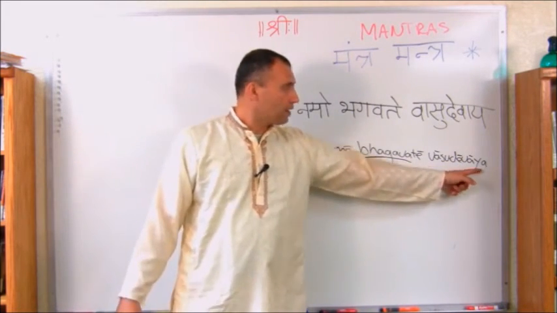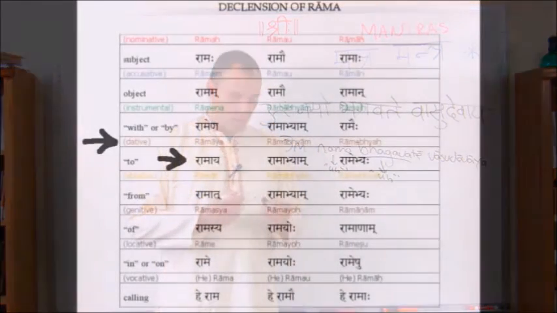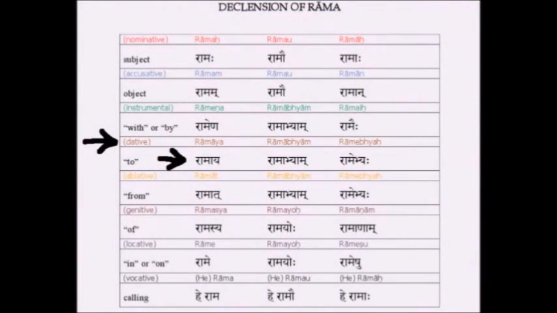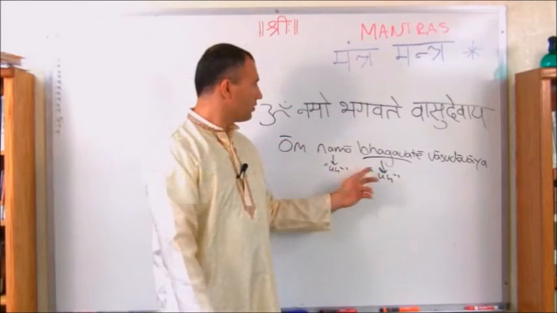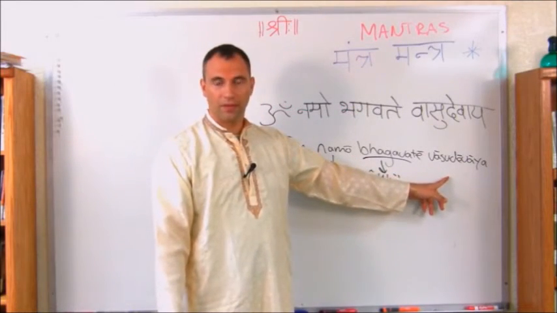And this Aya ending is the dative ending that we didn't get to in our presentation on sentences, but you can see the whole chart in your book. And the dative means to, when I give something to somebody. So when I salute somebody, salute Om Namo Bhagavate Vasudevaya. I give salutations to the son of Vasudeva.